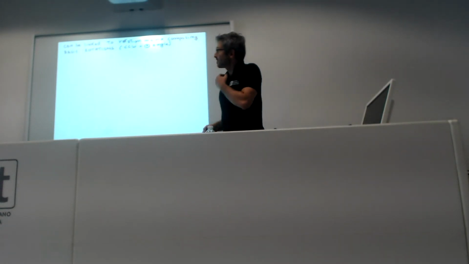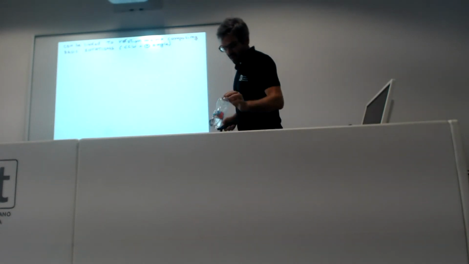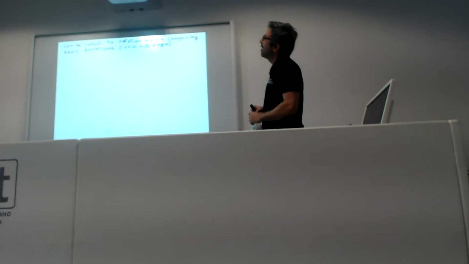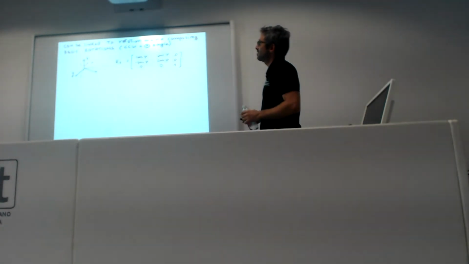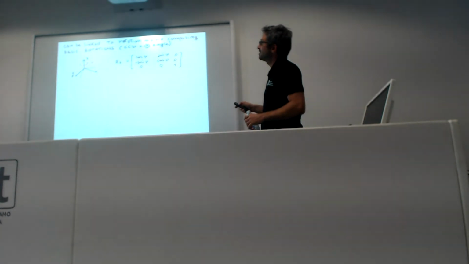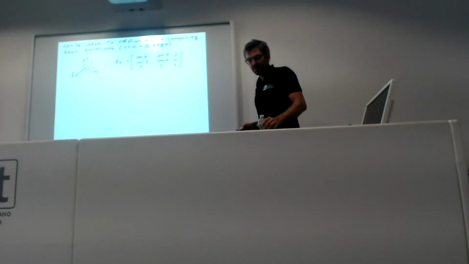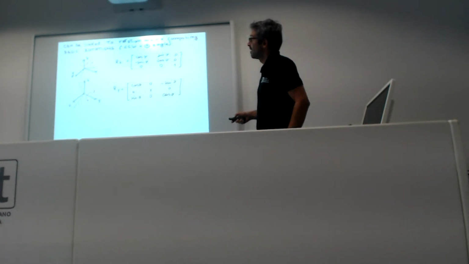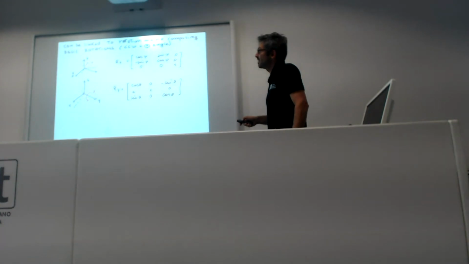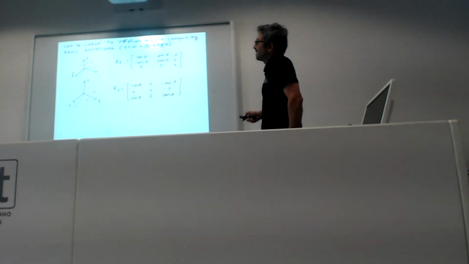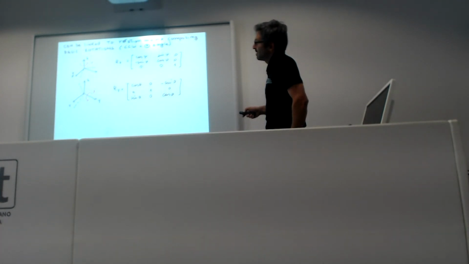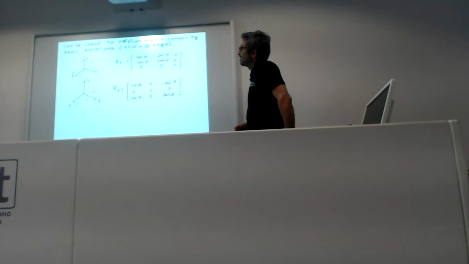So the Euler angles can be linked to the rotation matrix that we know very well, composing basic rotations. This is the rotation matrix of a rotation about the z-axis, and we call the yaw angle psi. Then we have a rotation about the y-axis, which we call theta, and it is the pitch Euler angle.